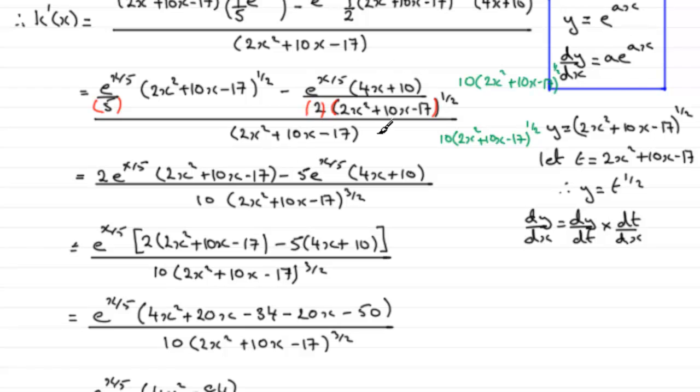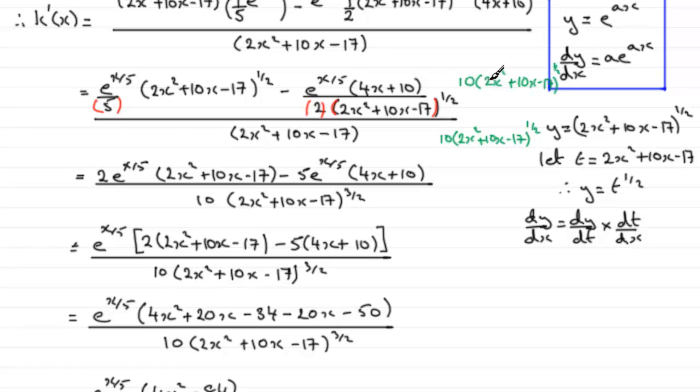And then when we came on to this term, you can see the 2 cancels into the 10 5 times. That's why I got that. And then you've got e to the power x upon 5 times (4x plus 10), and the (2x squared plus 10x minus 17) to the half cancelled out with the (2x squared plus 10x minus 17) to the half here.